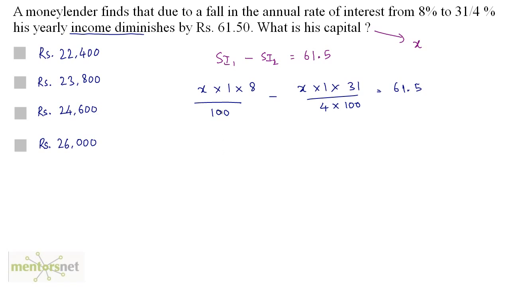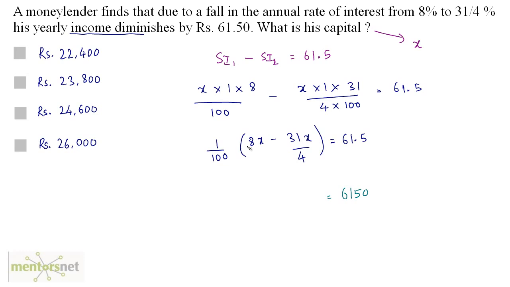Okay, so taking 1 by 100 common, we have 1 by 100 here. I have 8x minus 31x by 4. This is 61.5. Now this 100 goes to the right, so this is 61.5 times 100. The decimal point moves 2 places to the right, so this is 6150.